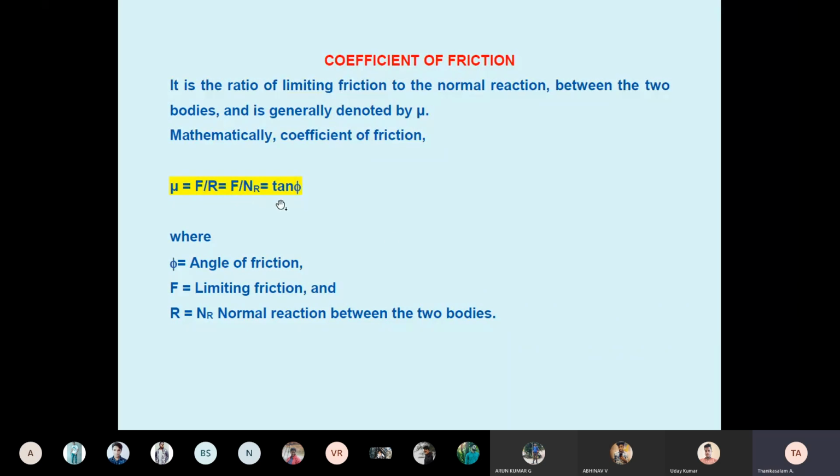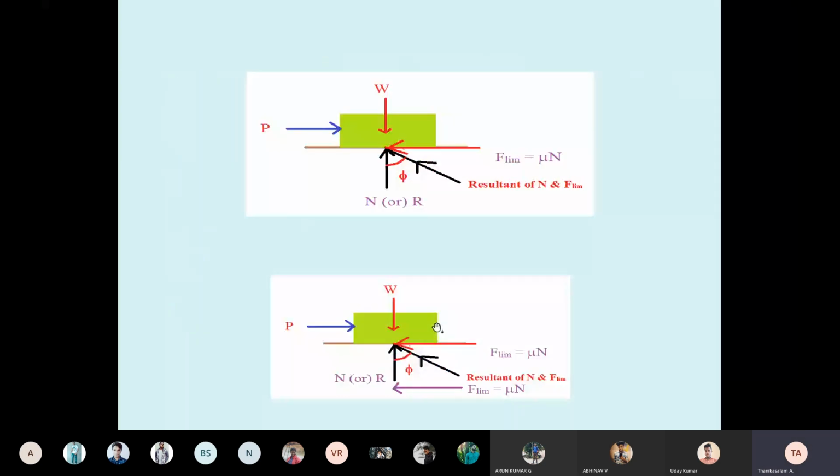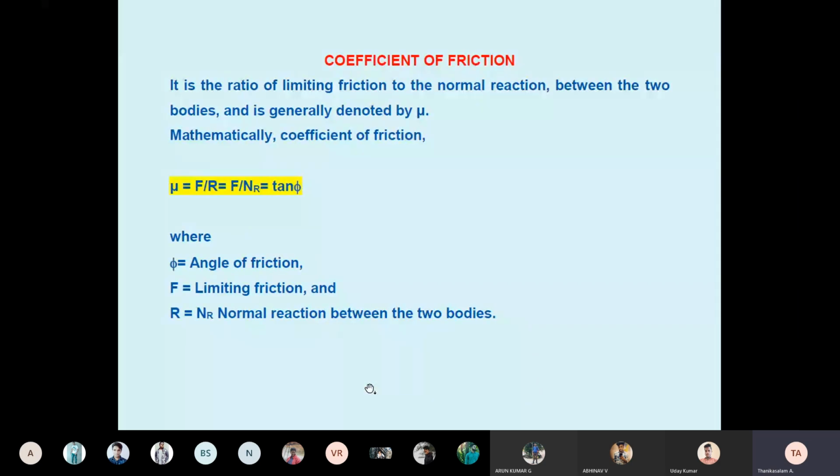We know F equal to mu R. Therefore, mu equal to F divided by R. Students, we know F equal to mu R or mu N. Therefore, mu equal to F divided by R. But from this diagram, the angle of friction tan phi equal to F limit divided by R. So phi equal to angle of friction, F equal to limiting friction, and R or N equal to normal reaction between two surfaces.